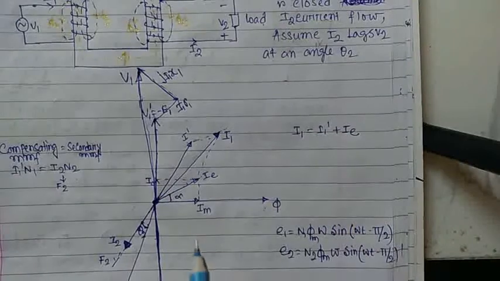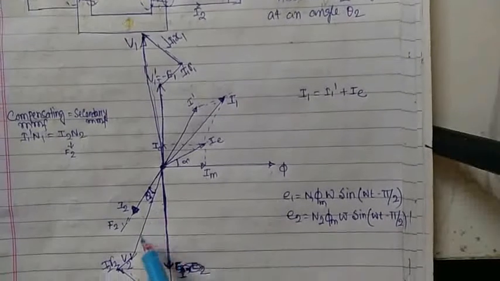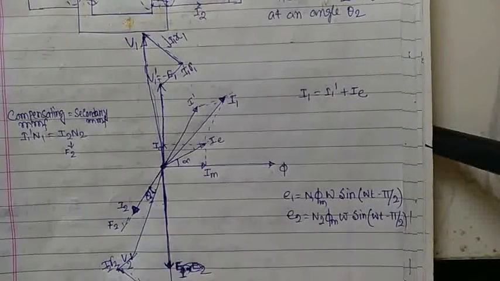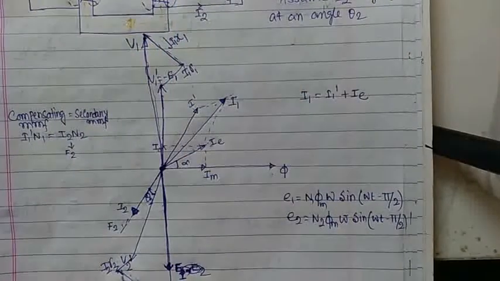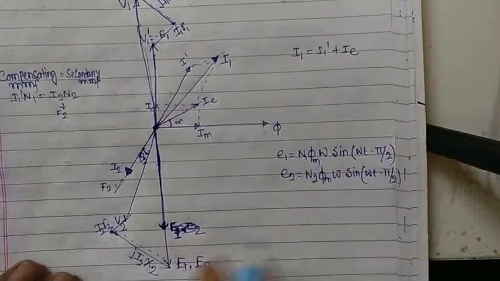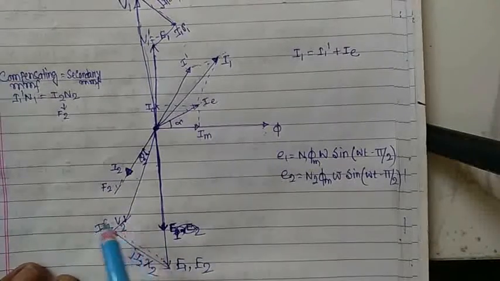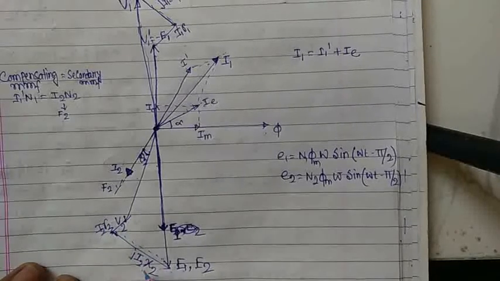Now if I take I2 lagging V2 at an angle theta 2, the secondary winding has the resistive drop I2 R2. Similarly, the winding has a reactive drop, that is j I2 X2.